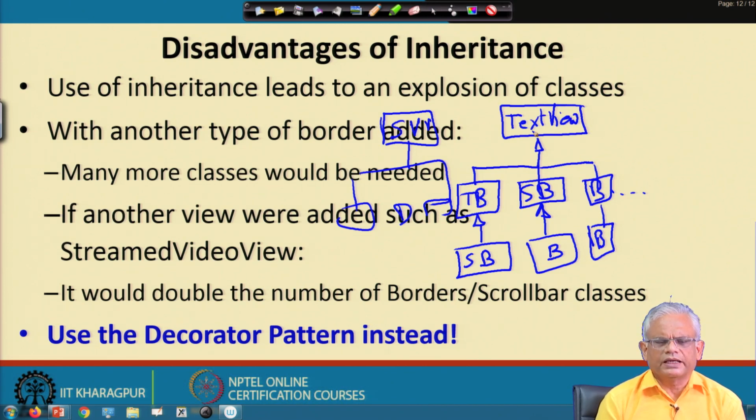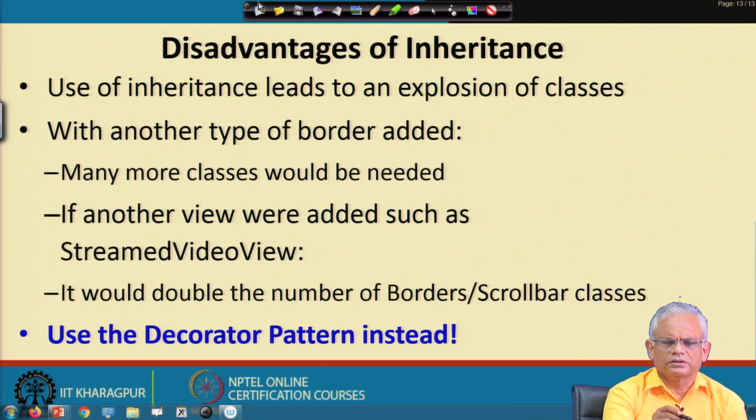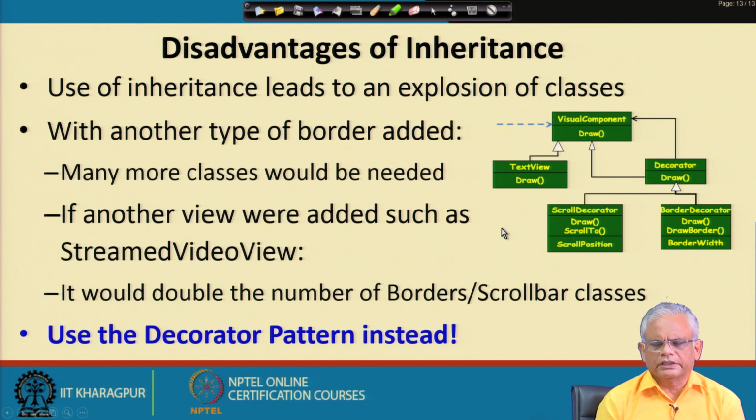Please try to draw the diagram where we have two basic components, the text view and the streamed video view, and then we can add the border or a scroll bar to either of these. Please try to draw this, and we will show the solution here. Okay, this is the solution.